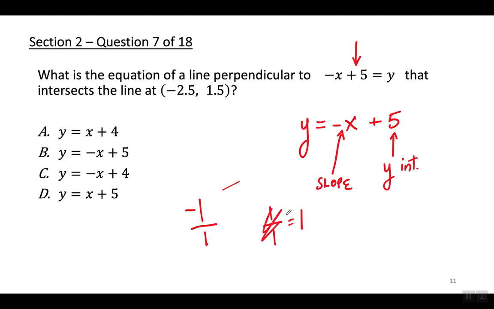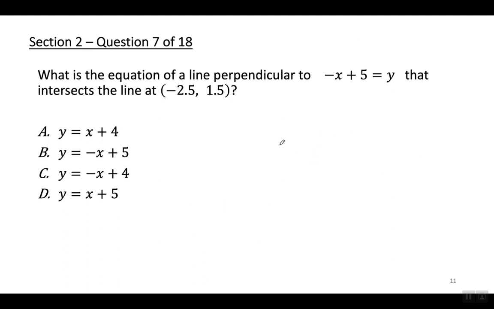So again, the slope of this line is -1. The slope of a line perpendicular to this line will be +1, because it's got to be the opposite sign and the reciprocal of this number. So the reciprocal of 1 is 1, and the opposite of negative is positive. So the slope of a line perpendicular to that line is going to be +1.